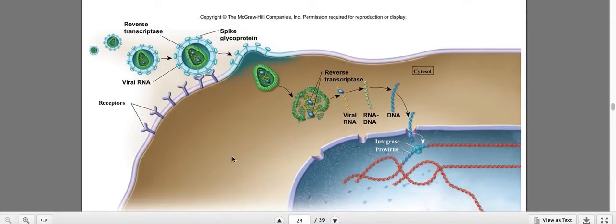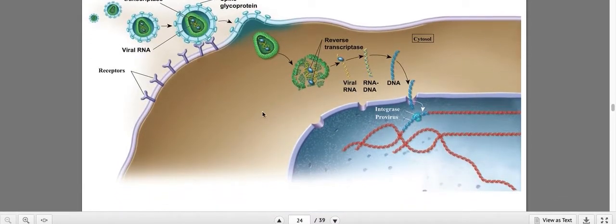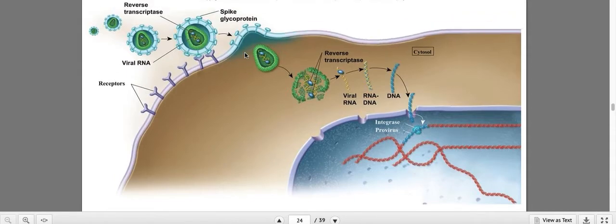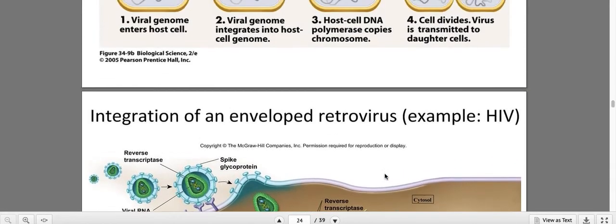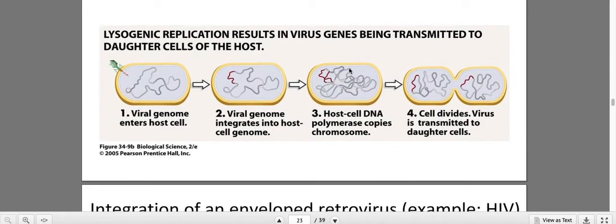So this is in the cell, but this is the nucleus where the DNA is. The envelope lets it survive around here so that it has a chance to actually get into the DNA. So viruses that need to integrate themselves into the cell DNA, that need to mix in the cell DNA... this is a bacteria. Remember we said bacteria don't have a nucleus, the DNA is just hanging around in the cell.